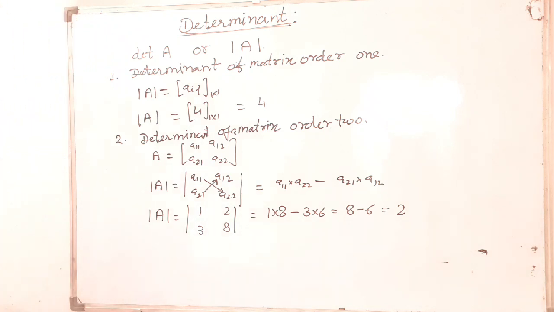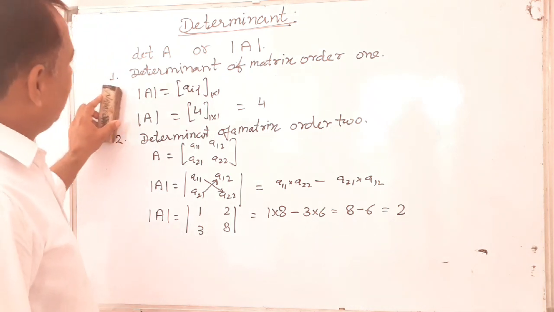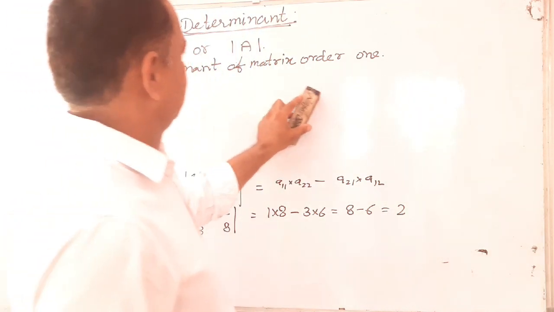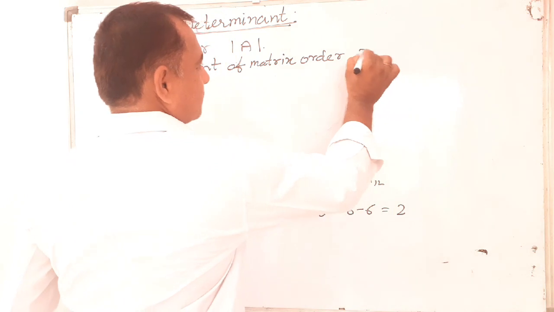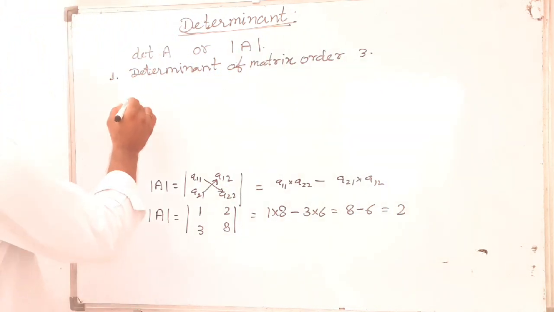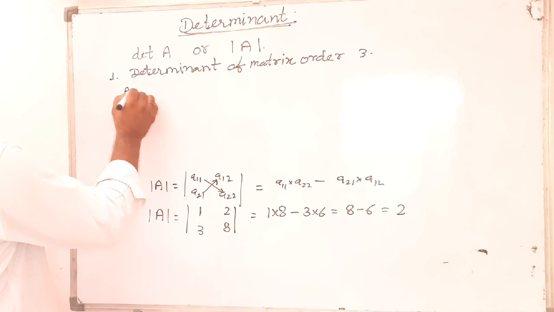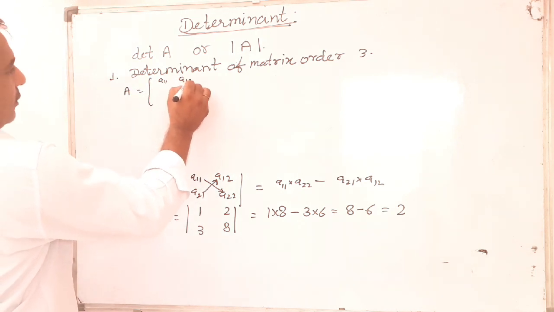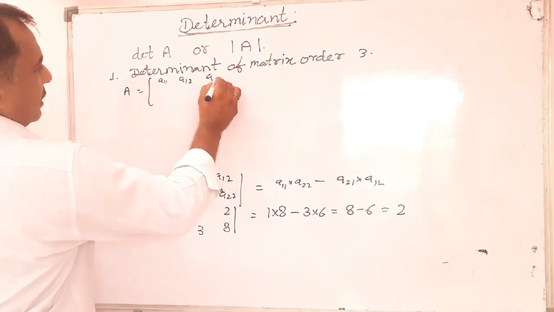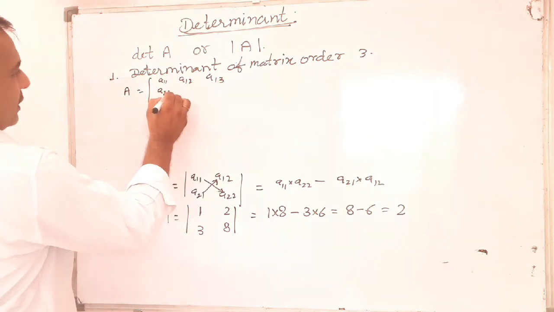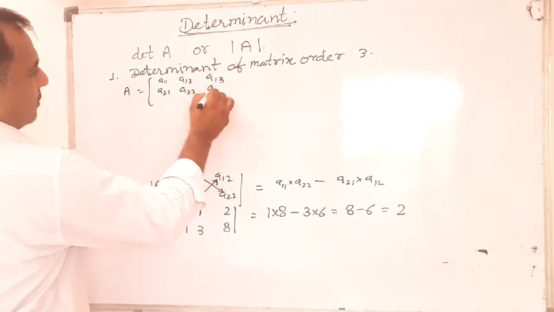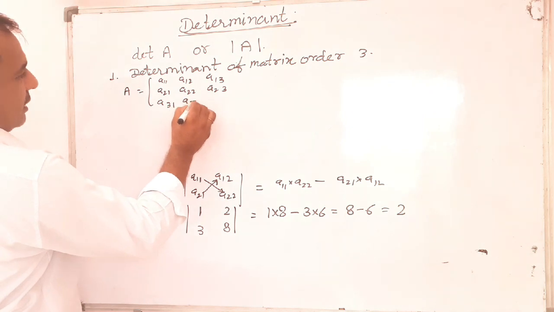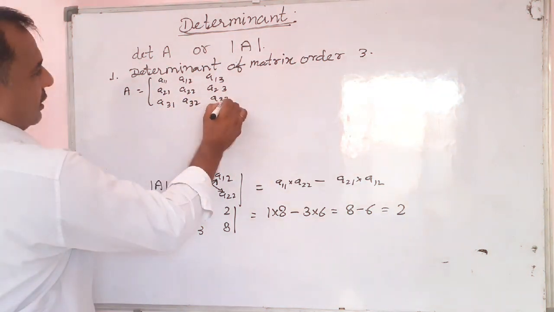After that, the determinant of a matrix of order 3. Suppose the matrix A is A11, A12, A13, A21, A22, A23, A31, A32, A33.